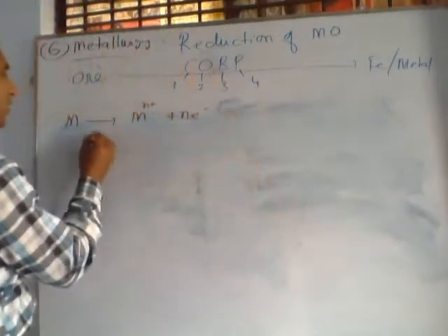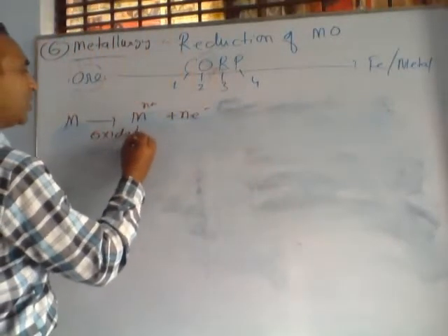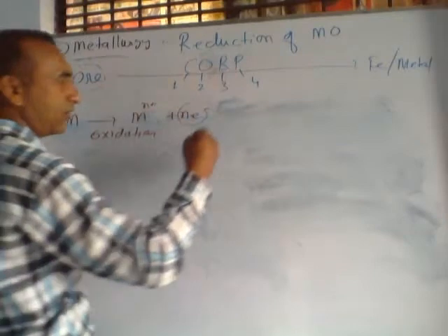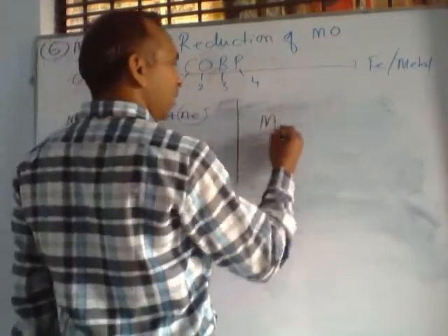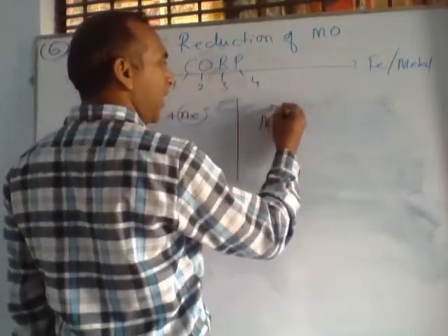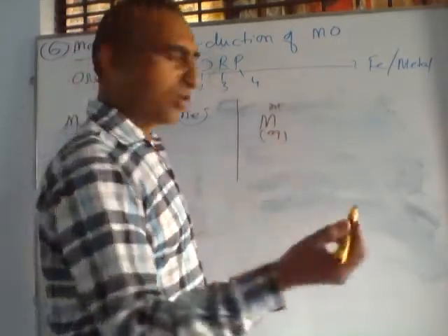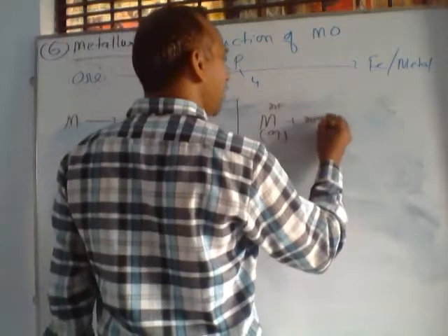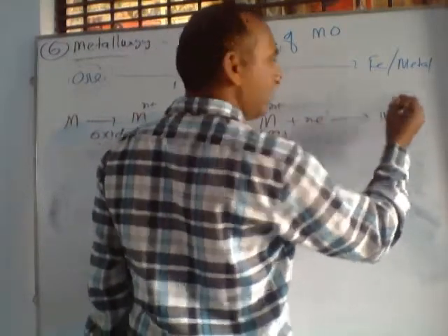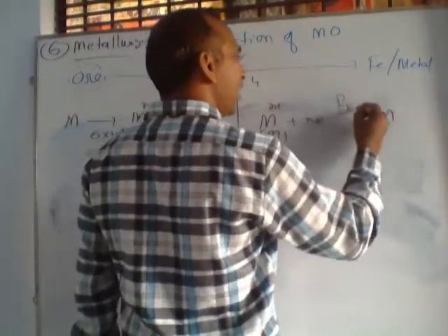This process is called oxidation, which means removal of electrons. Second, this is a metal ion having n positive charge present in an aqueous solution, obtaining electrons and forming metal. This process is called reduction.